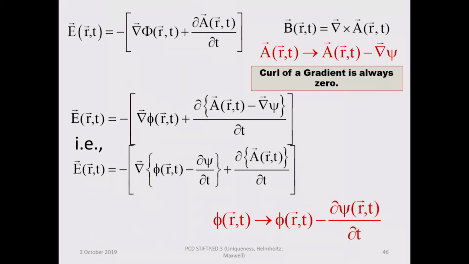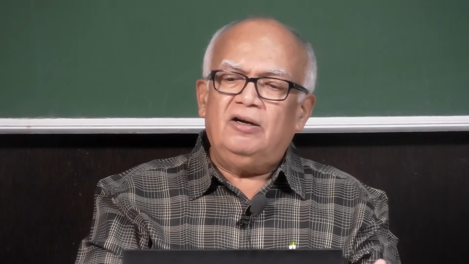And notice that since the curl of a gradient is always 0, the potential can be either A or A minus del psi. You will get the same field. Likewise, the potential can be phi or phi minus del psi by del t, and you will get the same electric intensity. So these are known as gauge transformations.